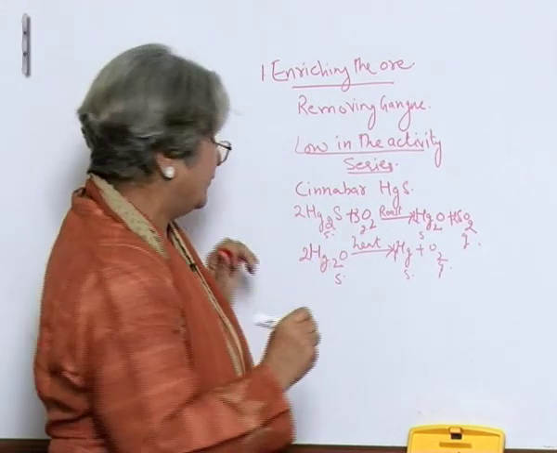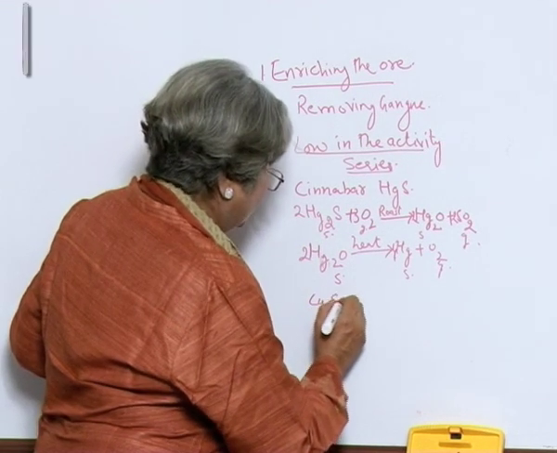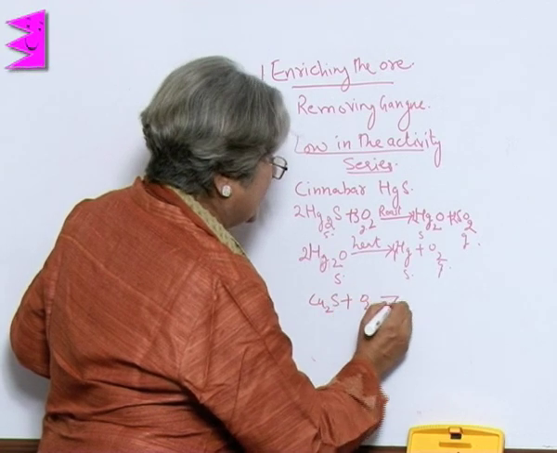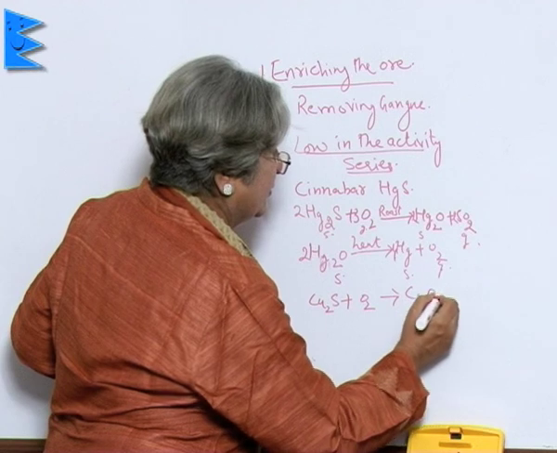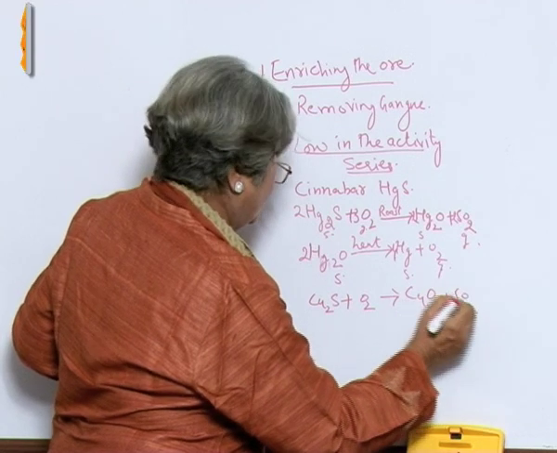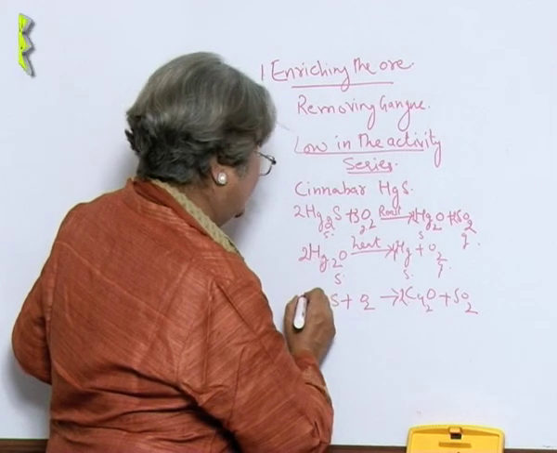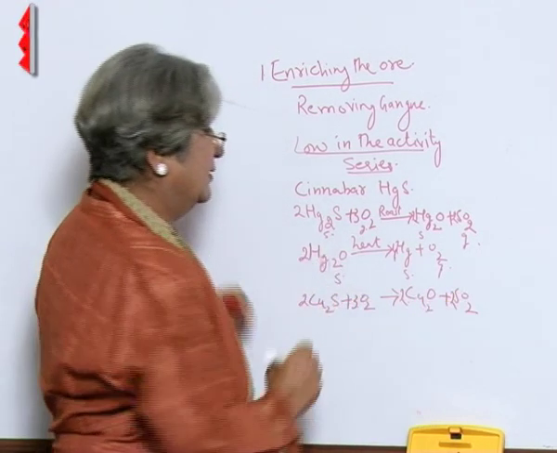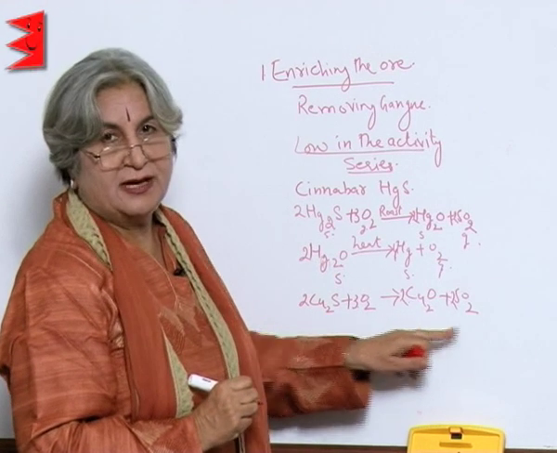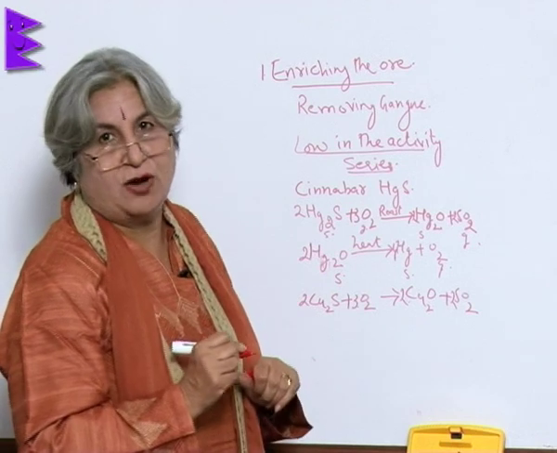In the case of cuprous sulfide, when we roast it, we get cuprous oxide and sulfur dioxide, but this just on heating will not give us copper.